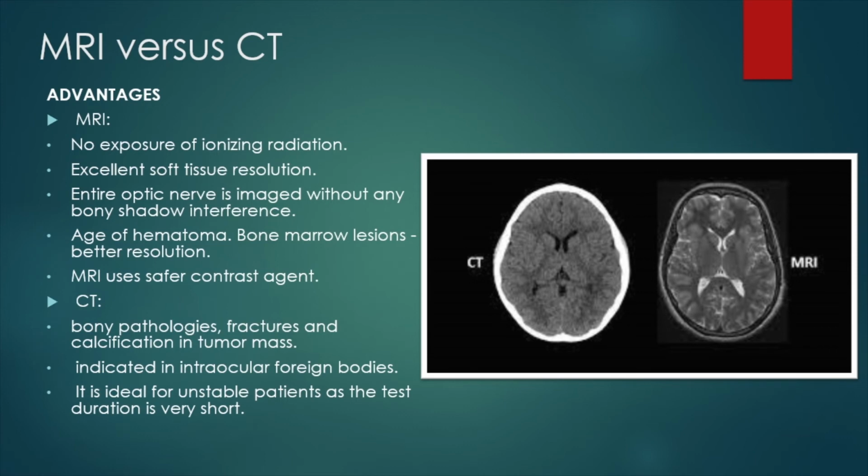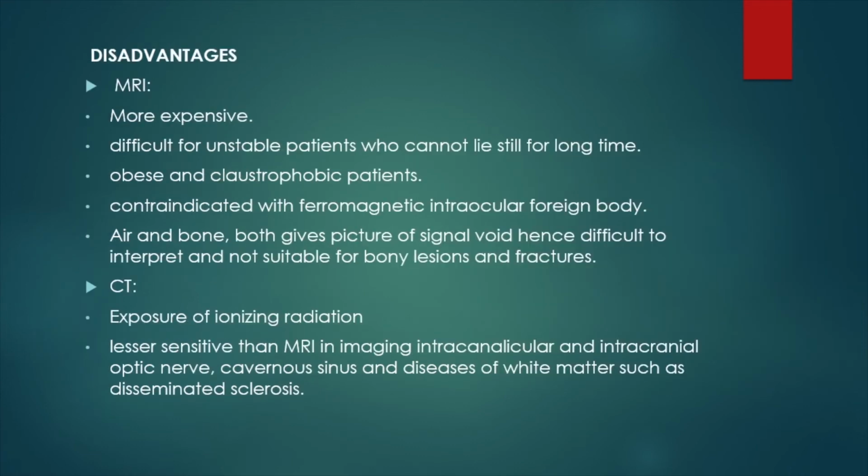CT is very advantageous in bony pathologies, fractures, and calcification in tumor masses. It is indicated in intraocular foreign bodies, and it is ideal for unstable patients as the test duration is very short. The disadvantage is that it is more expensive. MRI is expensive and difficult for unstable patients who cannot lie still for a long time, for obese and claustrophobic patients, and it is contraindicated with a ferromagnetic intraocular foreign body.